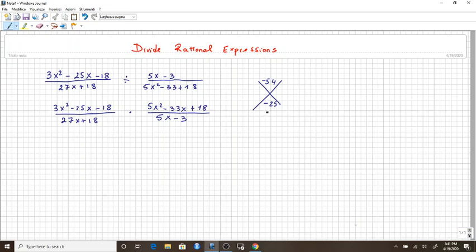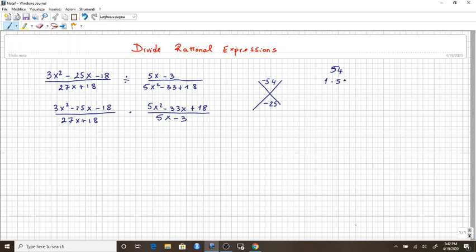So, what are these two numbers? Well, you don't need to necessarily guess. We can also do this in a systematic way in finding these two numbers. So if you want to do this in a systematic way, this is what you do. You write down 54, and then you find all possible factors of 54 until you find two numbers whose sum is negative 25. So start from 1.